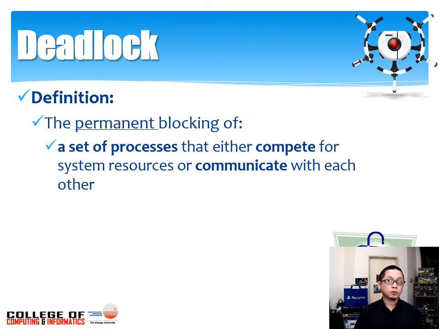This is where the problem lies: you have processes that are waiting for another process to release the resources, but they cannot finish the instruction because each of those instructions requires the use of resources from another process.